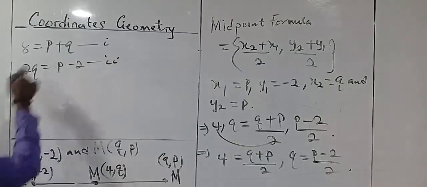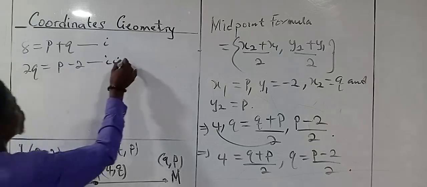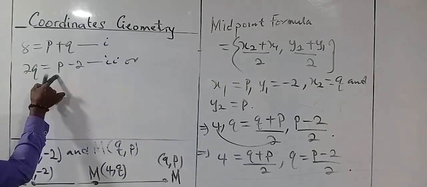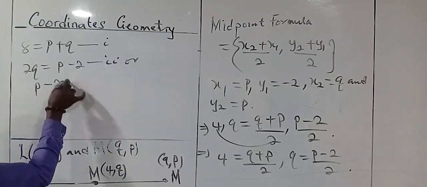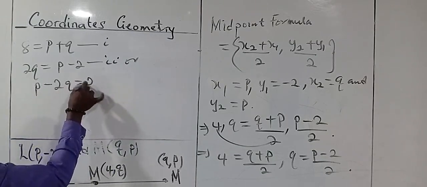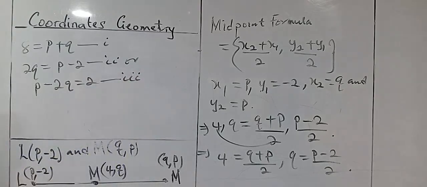Don't forget that you can rewrite equation 2 as P minus 2Q equals 2. You can call this equation 3.